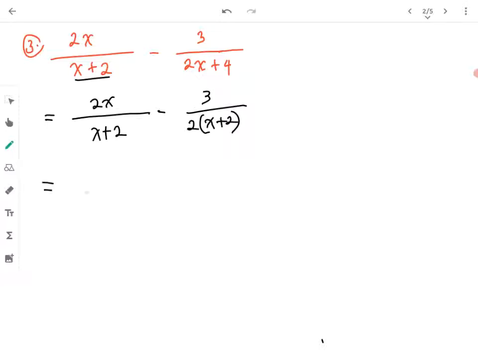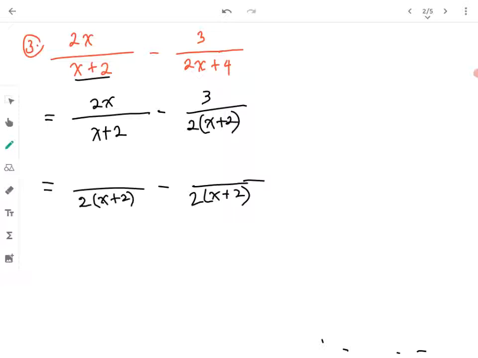So in this case, our LCD is, we take out first the common, which is x plus 2. Okay? So we take out the common as one of our LCD. Then we have a remaining of 2, so we copy 2.